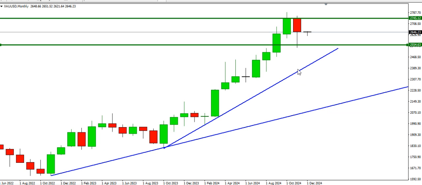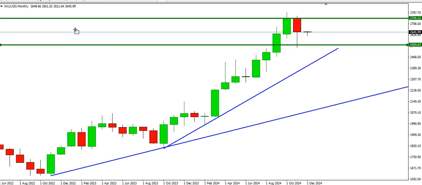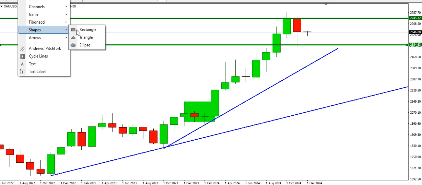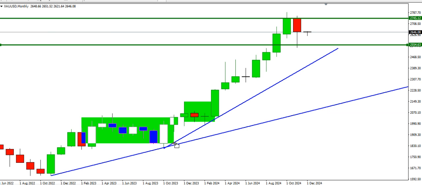For now, with the development of these two candles and the formation of this third candle, we already have a range, just like we had a range around here and around here.